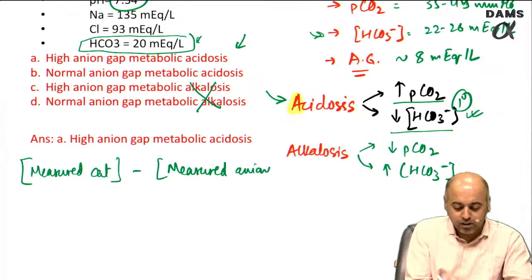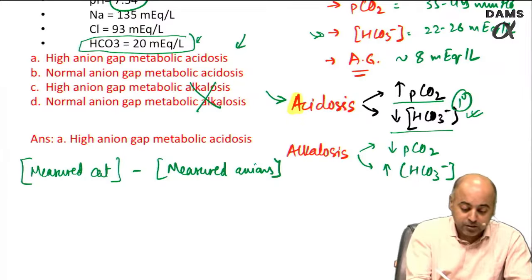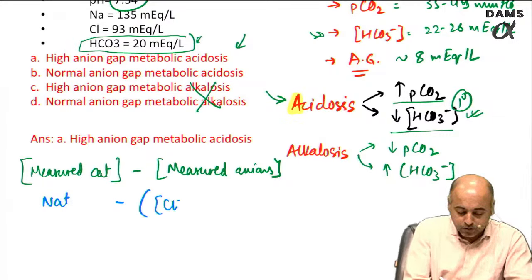Now routinely for your formula, the measured cation will be sodium and the measured anions will be chloride and bicarbonate.